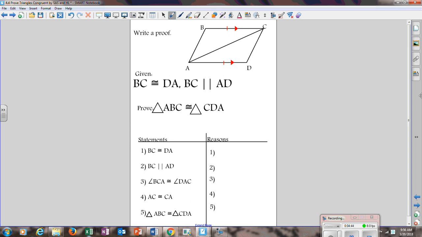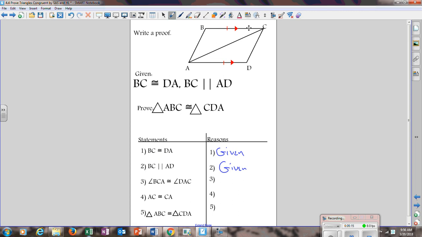Okay. If we look at our statements, the first one is BC is congruent to DA. Now, how do we know that? Well, it says it up here under given. So your reason would be given. How do we know BC is parallel to AD? Well, that is also given to us.